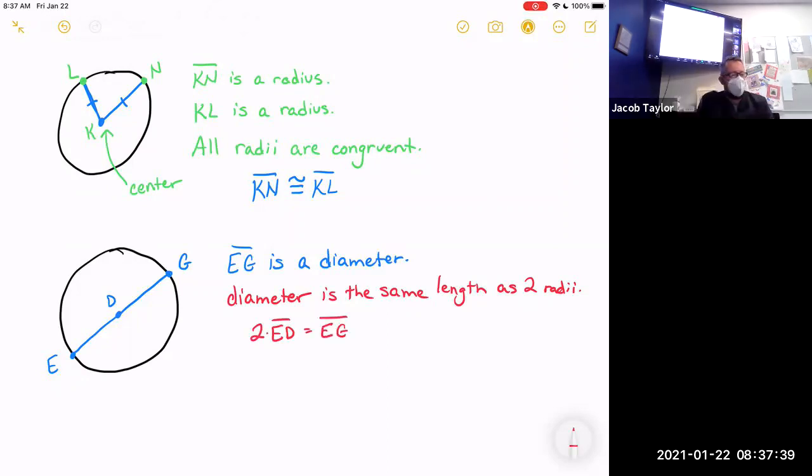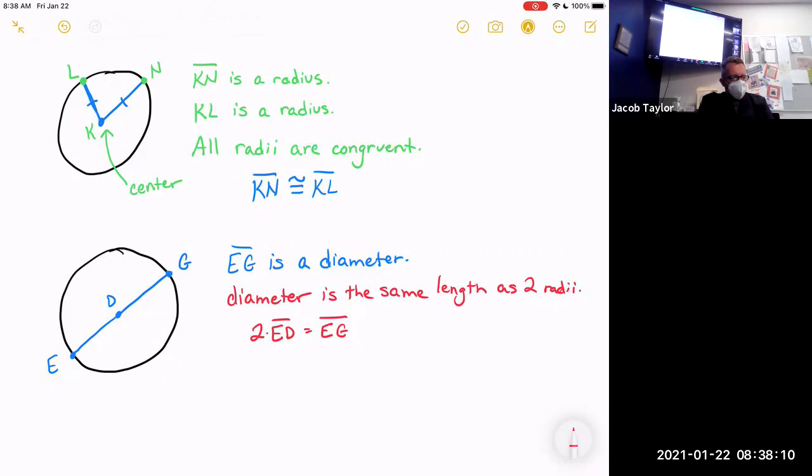A radius is half a diameter, or a diameter is double a radius. So a diameter specifically is a line that goes through the circle and specifically has to go through the center of the circle. If you wanted to say diameter has the same length instead of is the same length, that's fine, if you like the word has better.